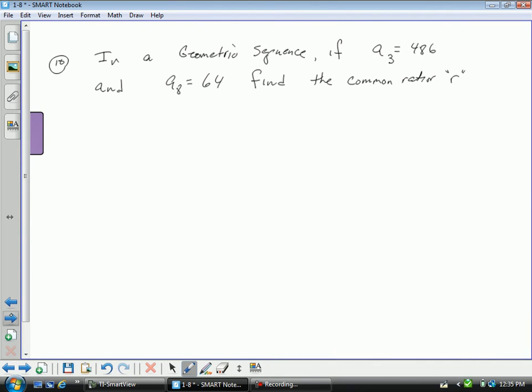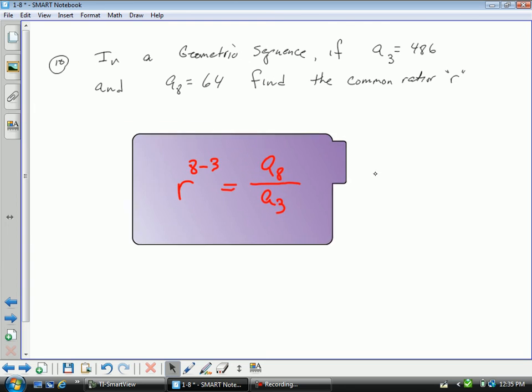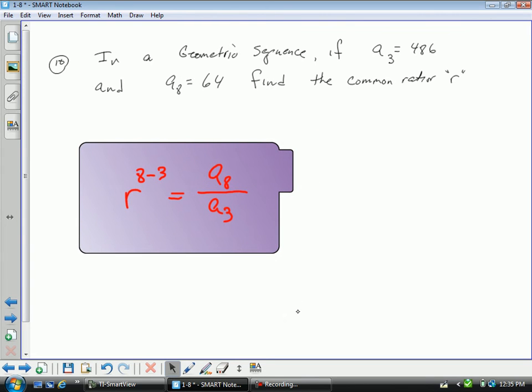Okay, next one. This is a geometric sequence. We're not finding a common difference, we're finding a common ratio called r. And here's a great example of how to find r given two particular terms using this problem. So for this problem, I'm going to get 8 minus 3, which is 5, and take the two terms there, that's 64 divided by 486.